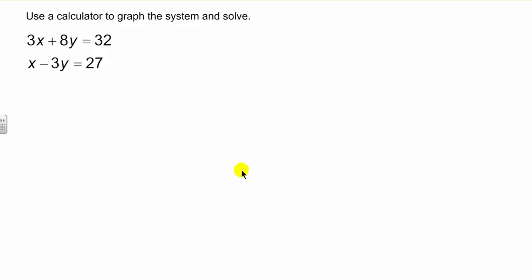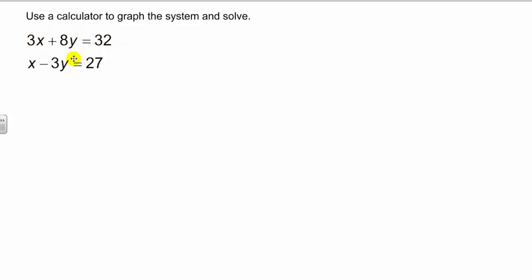So in this last problem, we're going to use a calculator to try to graph our system of equations and get a point of solution. Prior to doing that, we'll set this up so we can graph in slope-intercept form.